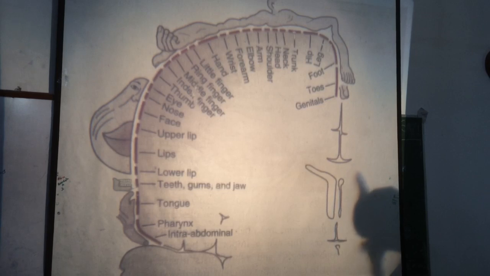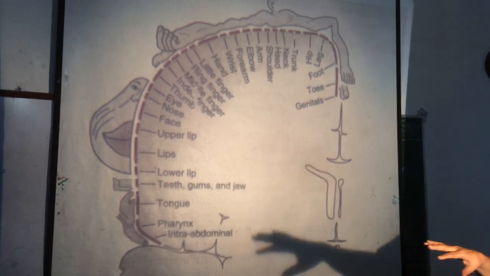These are the afferents which come from these parts to the primary motor area.